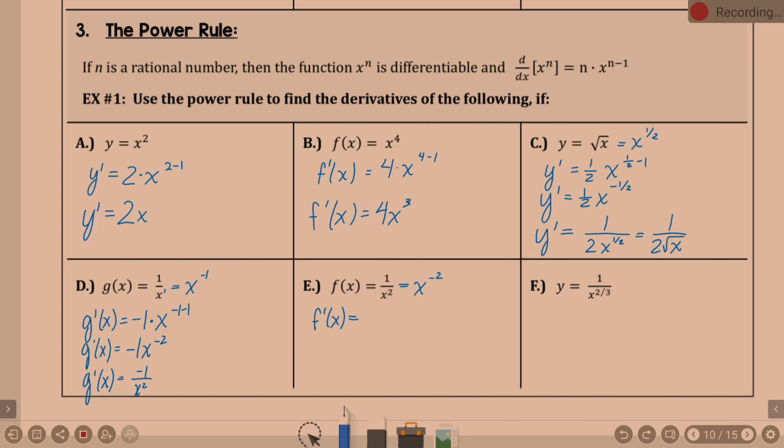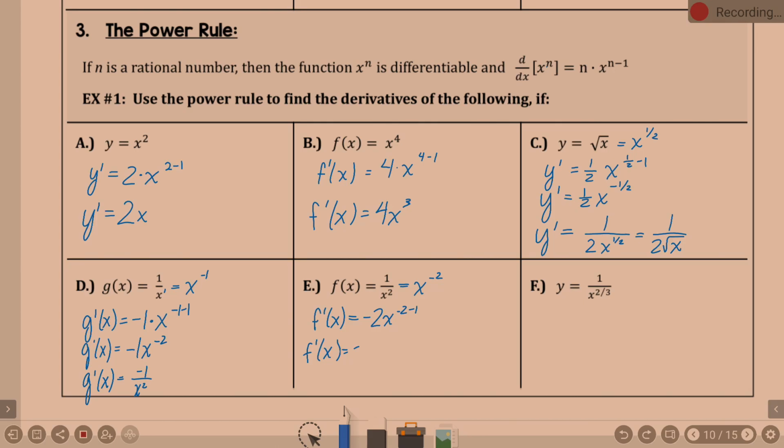So, with that in mind, x to negative 2, so power rule says this is going to be the negative 2 out front, x to the what? Negative 3.